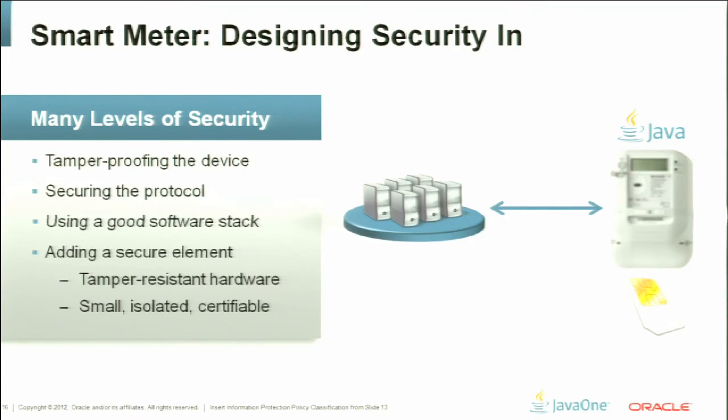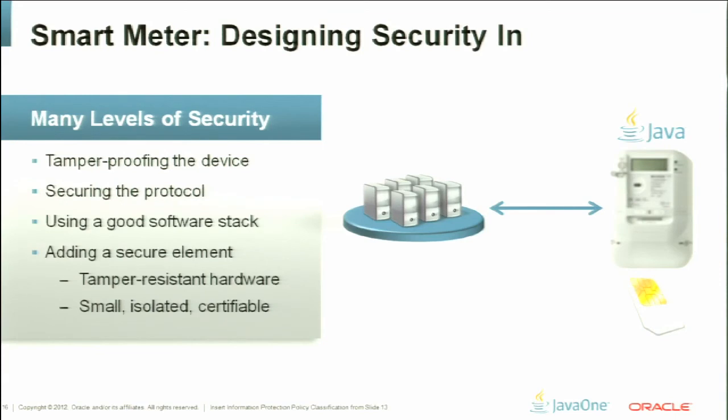These protocols exist. TLS provides everything we need from the authentication to the secure channel. To use a good software stack, well, we're at a Java conference, so we can assume that Java ME, for instance, is definitely a good choice for a meter. And the last thing is about adding a secure element.